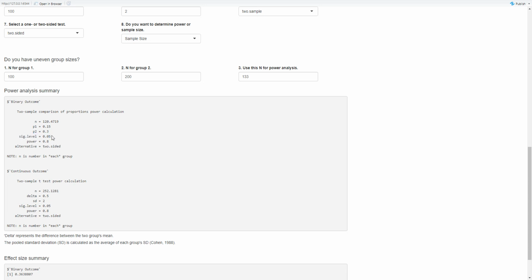So the standard is 0.05, and we also consider the power level, and that's the level of power that we expect or that we anticipate. And this is what we're shooting for.